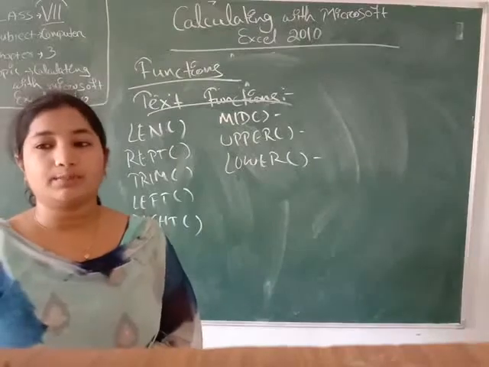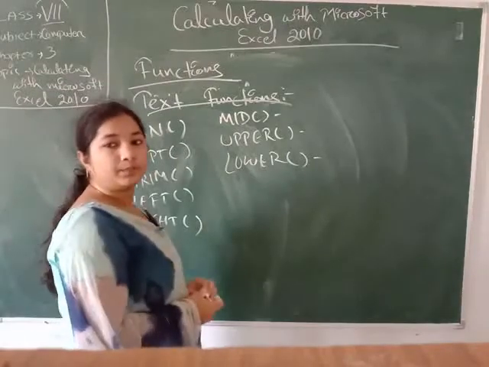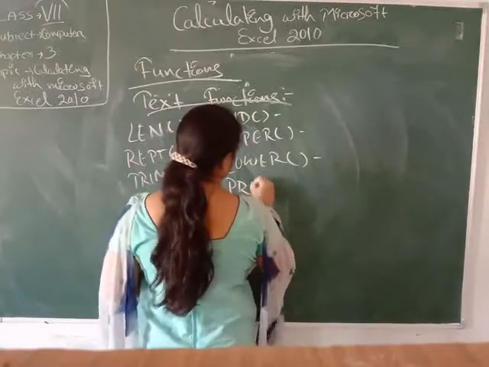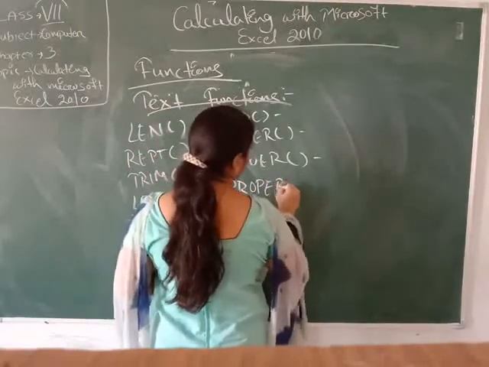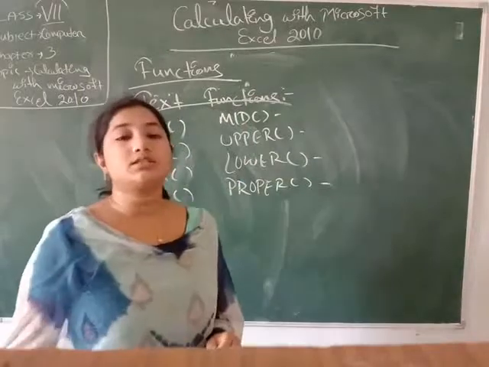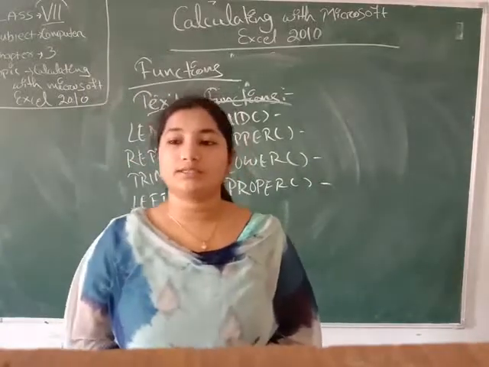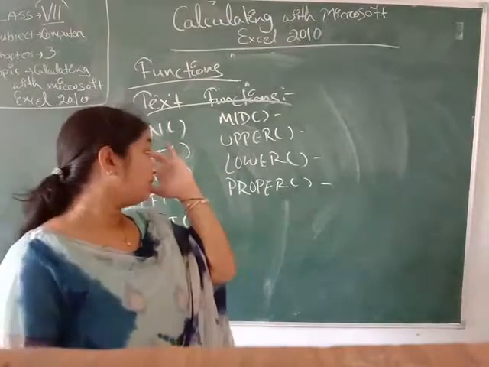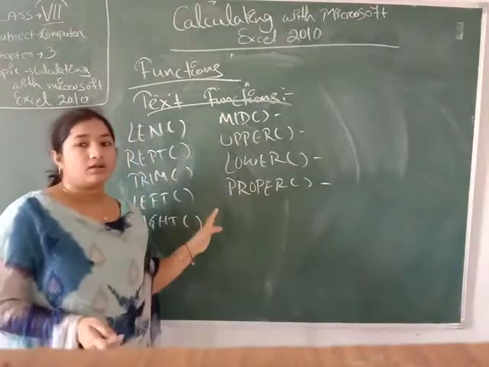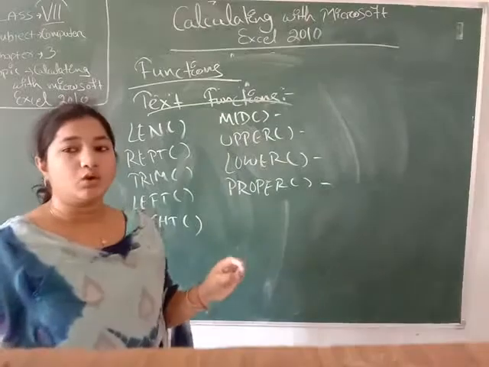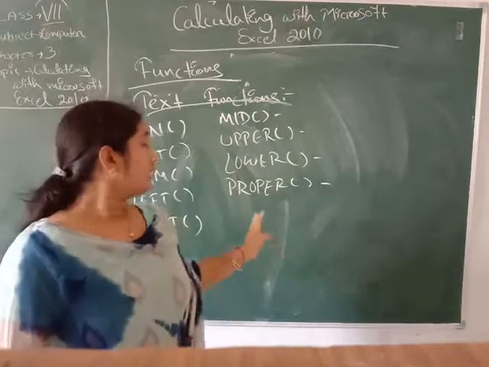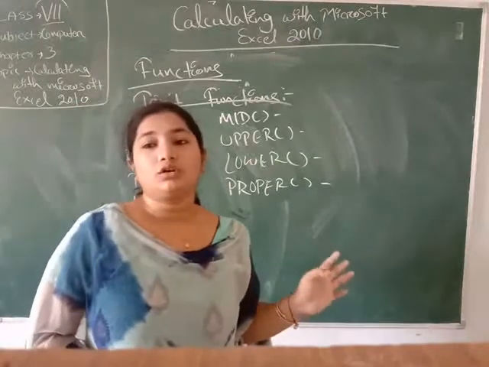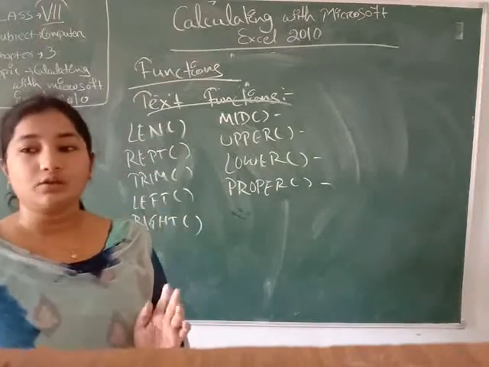Next one is PROPER. It converts the cell into proper case. It means when a sentence begins, the first letter is upper case, and the rest are in lower case. That is the proper case, and the PROPER function is used to convert the contents of a cell to proper case.